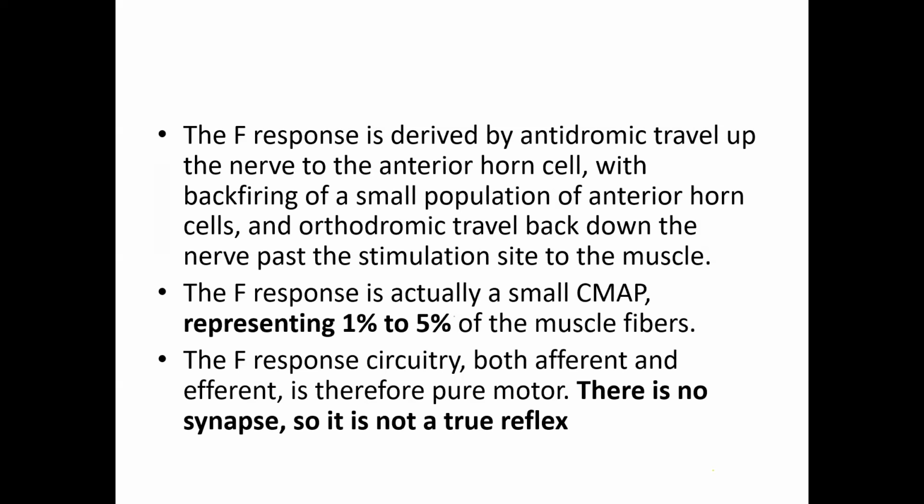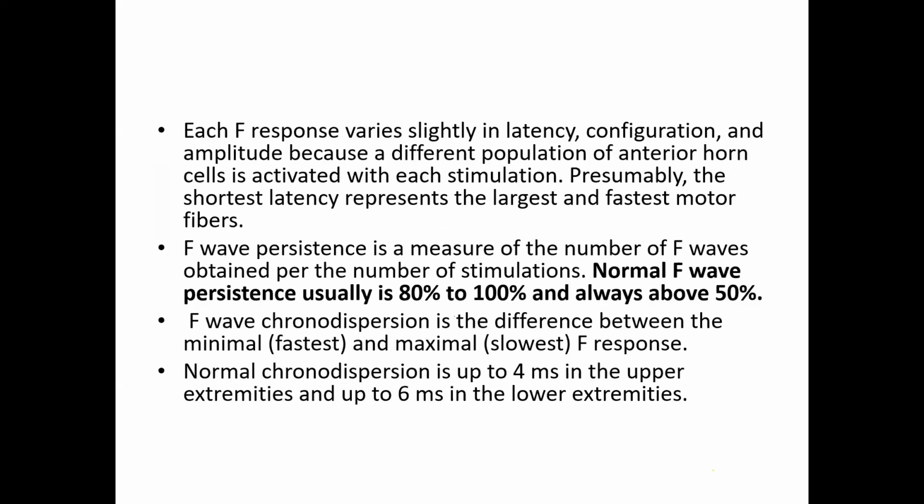There is no reflex involved in this. That's why it's not a true reflex. It's a response. Each F response varies slightly in latency, configuration, and amplitude because a different population of anterior horn cells is activated with each stimulation. Presumably, the shortest latency represents the largest and fastest motor fibers.